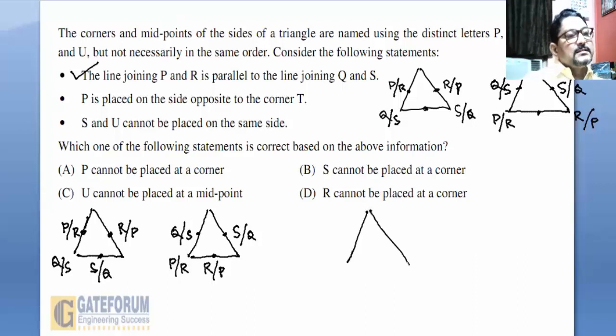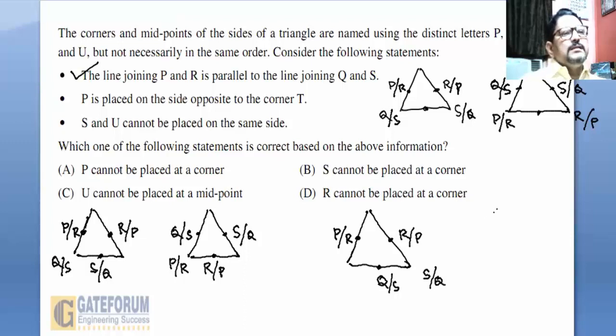So say let us take this. See, this is P, this is R, and we can say this is Q and this is S. We can say that. The reverse is also true. So this is R, this is P, this is S, and hence this is Q. And likewise, this case can also happen.